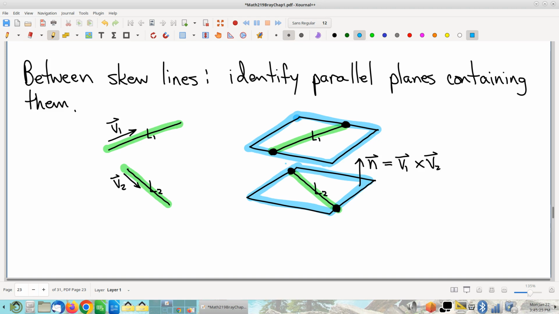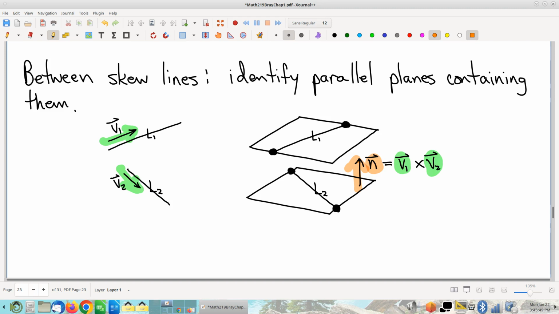Well, here's the idea. Take the original two lines. Look at these direction vectors. Take those two direction vectors and cross them. This produces what I'm going to call a normal vector. This normal vector is perpendicular to V1. It's perpendicular to V2.